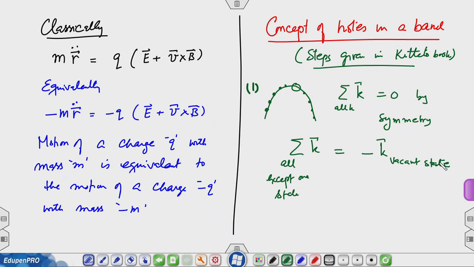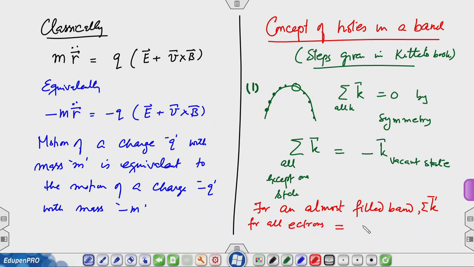So, that is point number 1. Let me just write this first. So, for an almost filled band, k for all electrons is equal to minus summation k of vacant states.